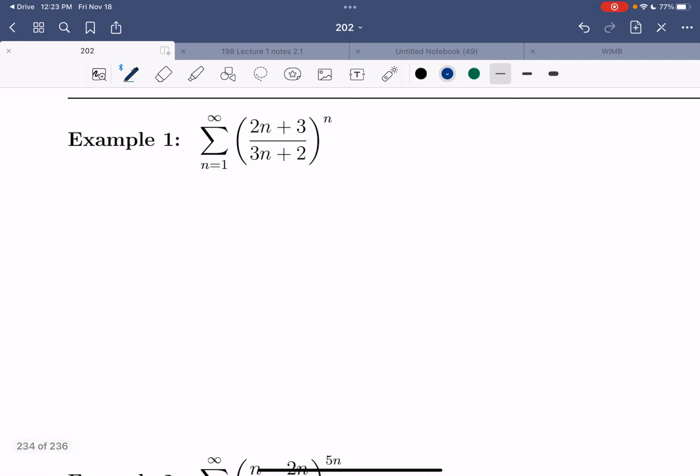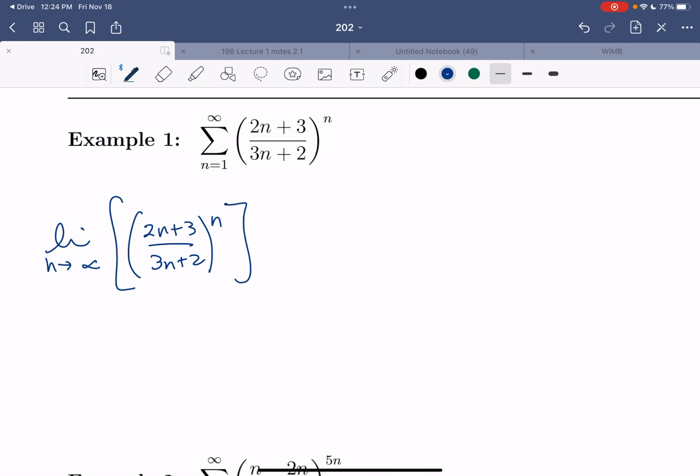So in order to use the root test, we're going to take the limit as n goes to infinity of our series, 2n plus 3 over 3n plus 2 to the nth power, and we're going to raise it to the 1 over nth power. Essentially what that does is it takes off our n power. So this is the limit as n goes to infinity of just 2n plus 3 over 3n plus 2.